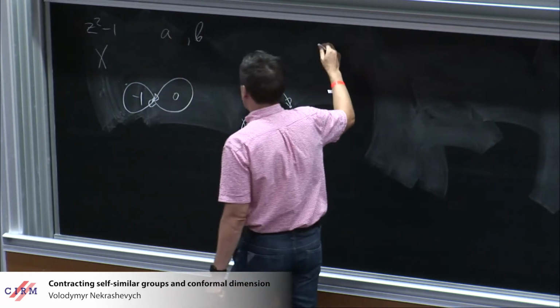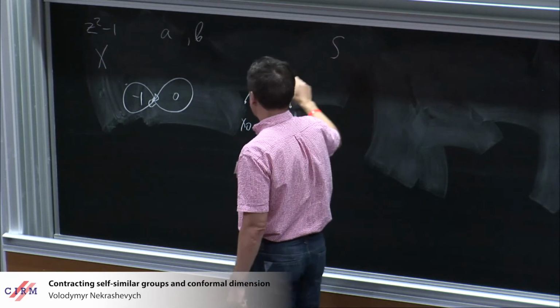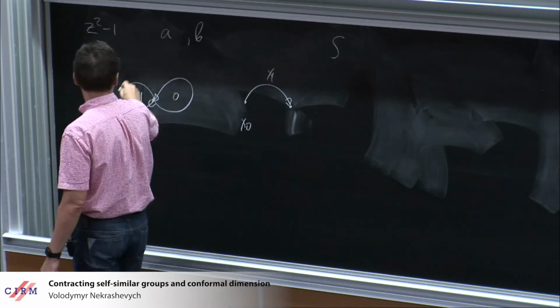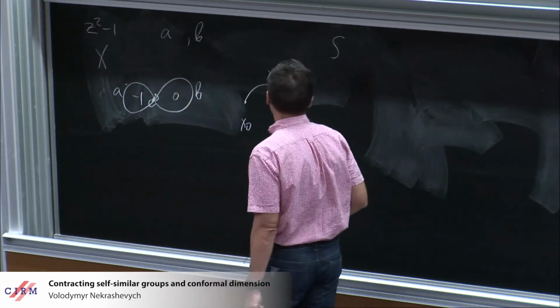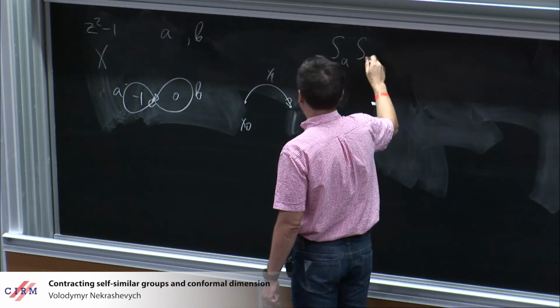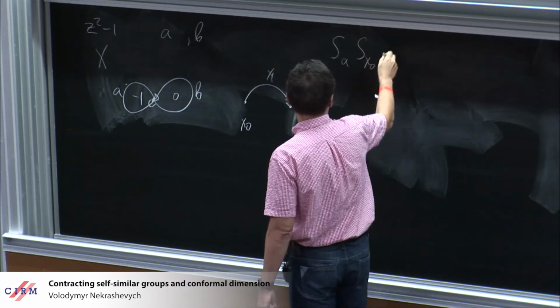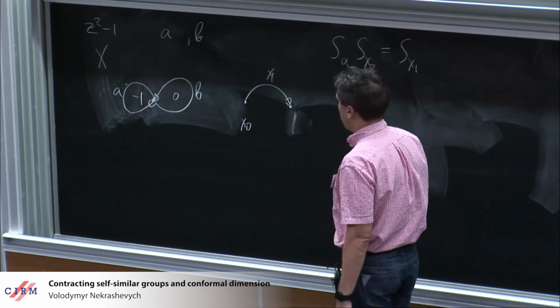And then one can show that, if you take A to be the loop around the critical value and B a loop around 0, in that semigroup you will get that SA, if you do S x0 and then XA, it will be S x1 and identity.